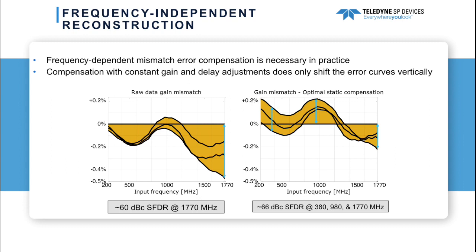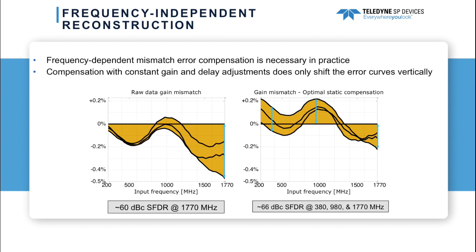From the figure to the left, the worst case deviation over frequency for the gain mismatches occurs at 1770 MHz. The effect of applying optimal frequency-independent mismatch compensation is shown in the figure to the right. When compensating mismatch without dealing with the curvature of the mismatch versus frequency, one is limited to simply shifting the gain mismatch curvatures vertically.